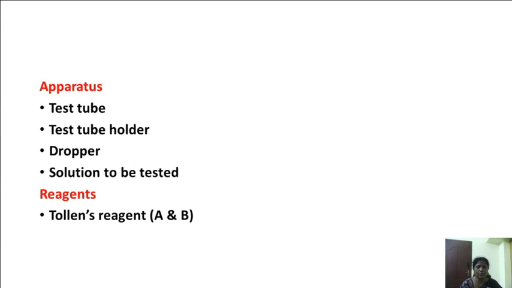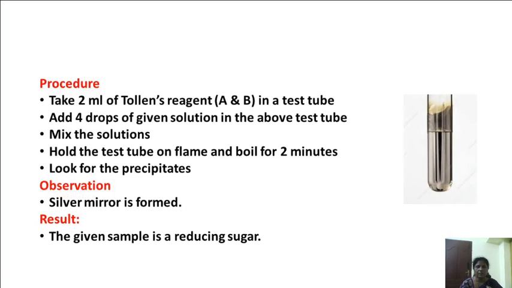The apparatus used are test tube holder, dropper, and the solution to be tested. And the reagents used are Tollen's reagent A and B. The procedure is we have to take 2 ml of Tollen's reagent A and B in a test tube. Add 4 drops of the given solution in the above test tube.